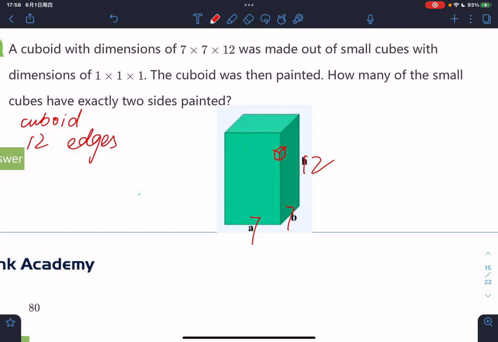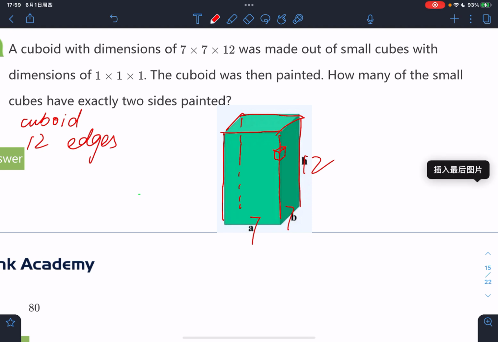Here we have 4, and here we have 4 again, four edges. And for the bottom, we also have 4 edges. So 4 edges are along the length, 4 edges are along the width, and 4 edges are along the height.